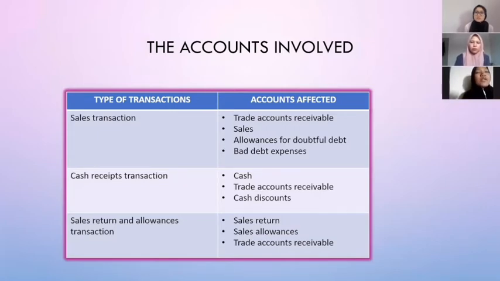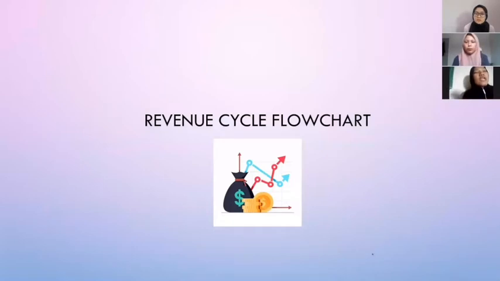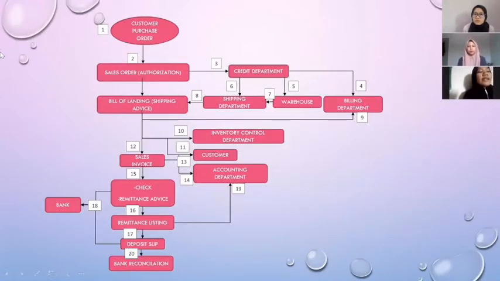Okay, next, I will talk about the revenue cycle flow chart. Firstly, we get the customer purchase order, whether through phone call, online platform, fax, etc. From the purchase order, we will prepare the sales order, which refers to the authorization to sell.